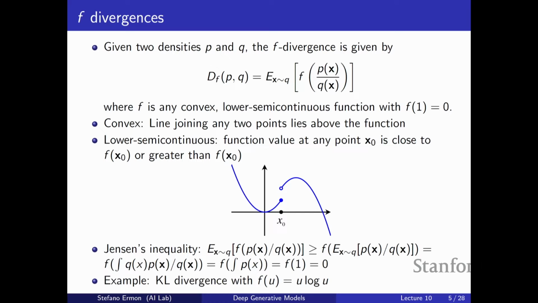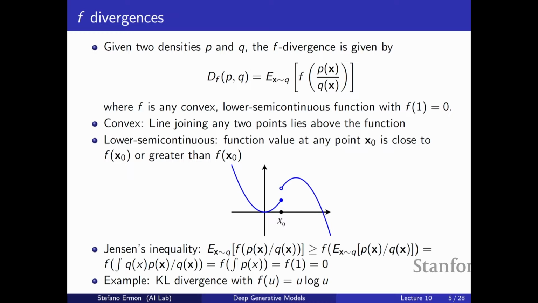The nice thing about the F divergences is that if you plug in different types of Fs, you get many existing reasonable divergences that you might want to use to compare probability distributions.